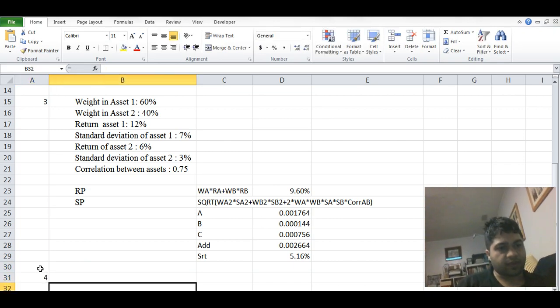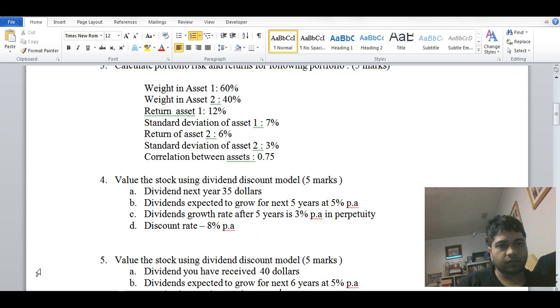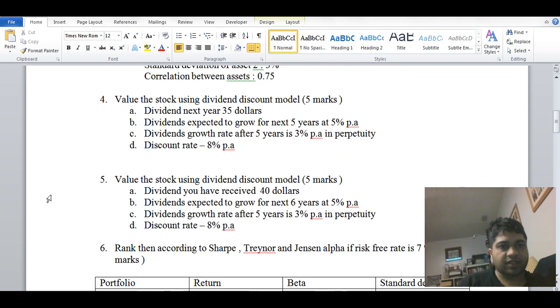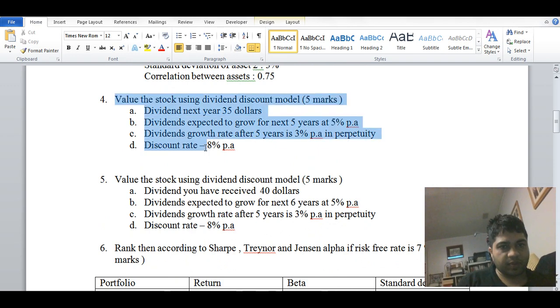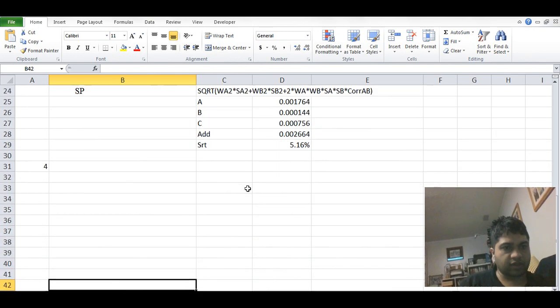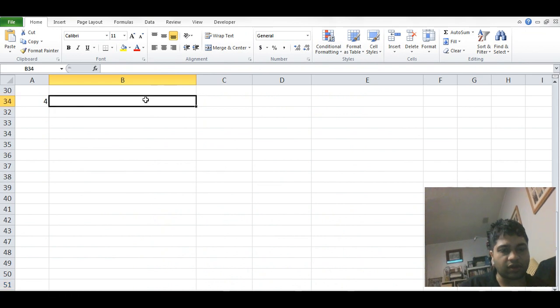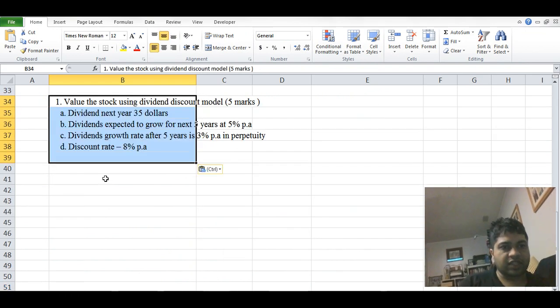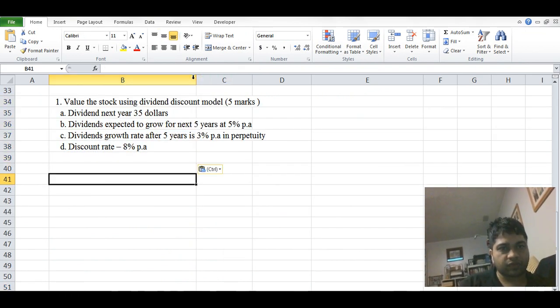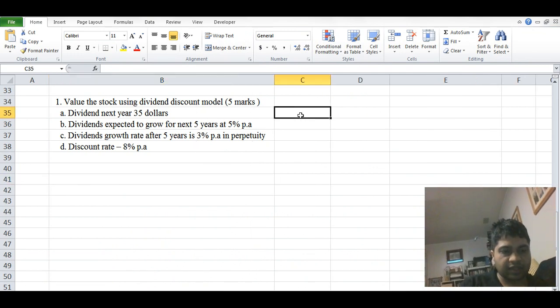Next is the fourth one. It's a dividend discount model problem. So I'll copy paste it, then we'll solve. The question is about the dual stage dividend discount model. So these are the details given. First you need to identify the dividend next year.